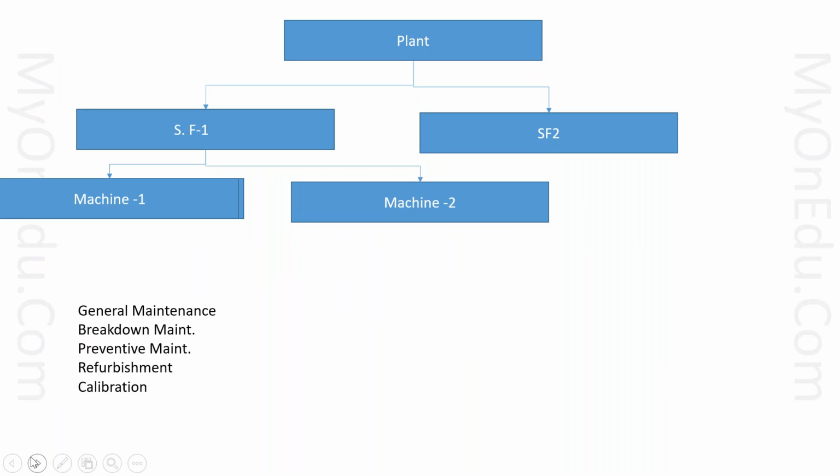The burned-out motor, you can send to the contractor to do the maintenance, and once it is ready, it will be given back to us. We'll keep it in the inventory, so whenever a similar motor needs to be mounted, it will be issued, and then maintenance will be done.